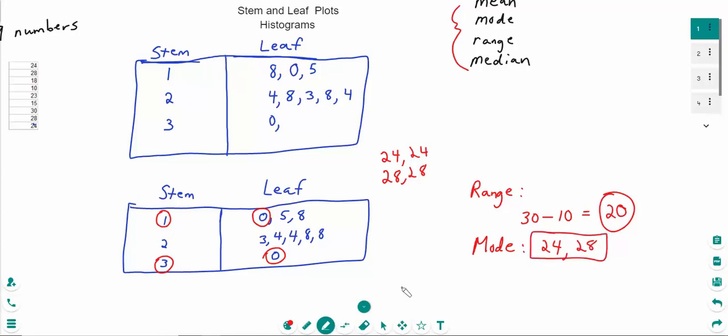Okay? And then if we wanted to find the median, for example. Remember, the median is the middle number in the group once it's organized from smallest to largest. So we have this organized from smallest to largest, and we know that there are 9 numbers. We counted them up in the beginning. Because that's an odd number, we're going to find the middle number in that 9.